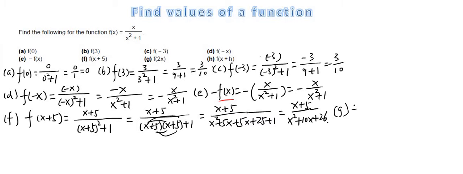Now, what is g? g is f(2x). Again, we can replace this x by 2x. So we have 2x on top, and then replace this x by 2x.